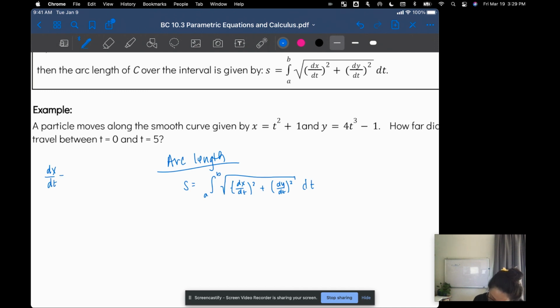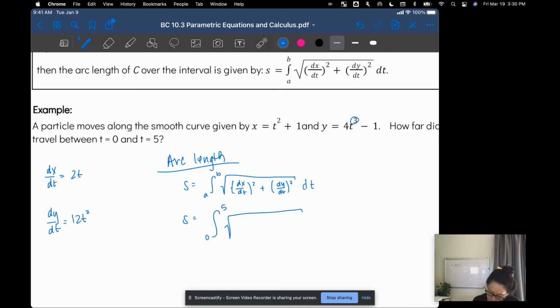Okay, so the derivative of x with respect to time is 2t, and dy/dt is equal to 12t squared, because it's a cube function. Okay, I'm going to substitute those in. We're trying to find the arc length between 0 and 5. So my a is 0 and my b is 5.